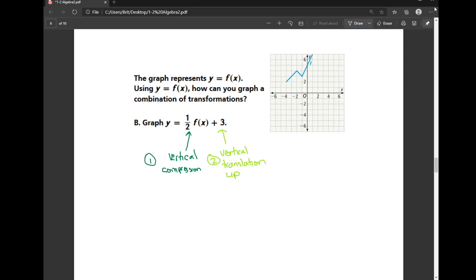So let's go ahead and give it a shot. First is our vertical compression with the 1/2. So what we do is we look at the distance from each of the points to the x-axis, and we cut that distance in half. So this one, I apologize, I just woke up.